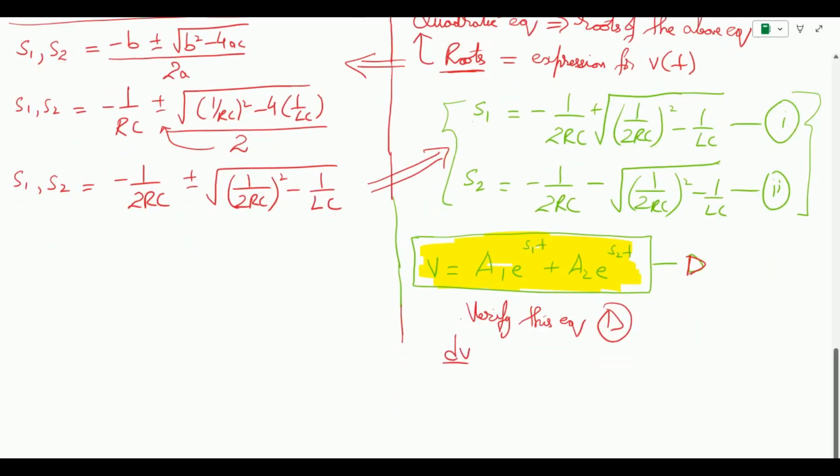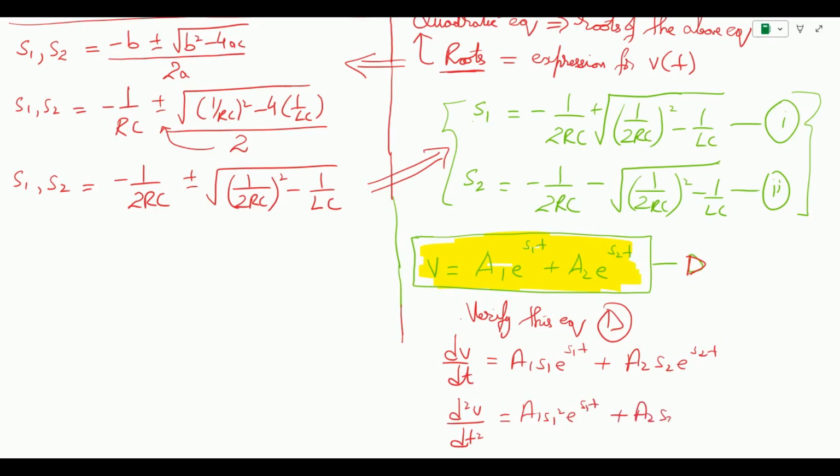If I take dV by dt, it comes out to be A1 S1 e raised to power S1t plus A2 S2 e raised to power S2t. If I again take the second derivative, d square V by dt square, it comes out to be A1 S1 square e raised to power S1t plus A2 S2 square e raised to power S2t.